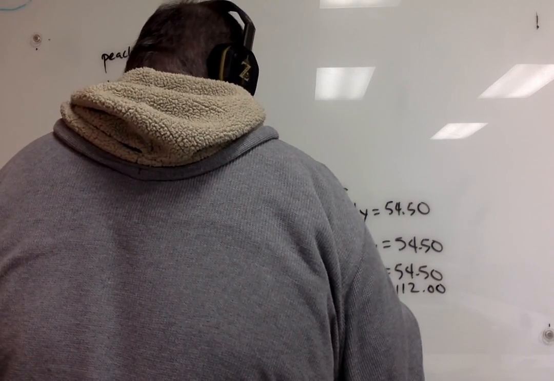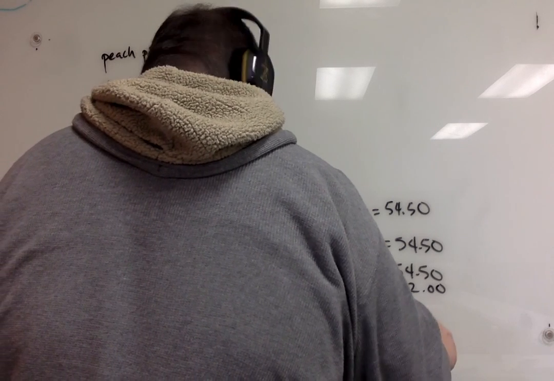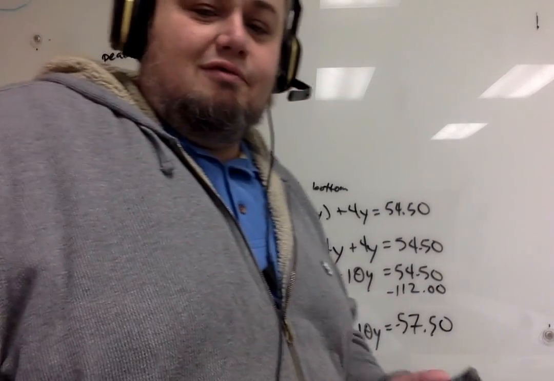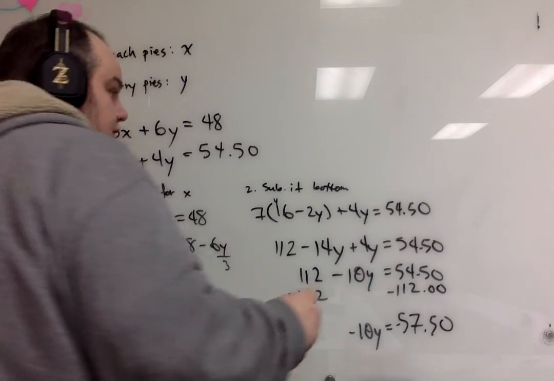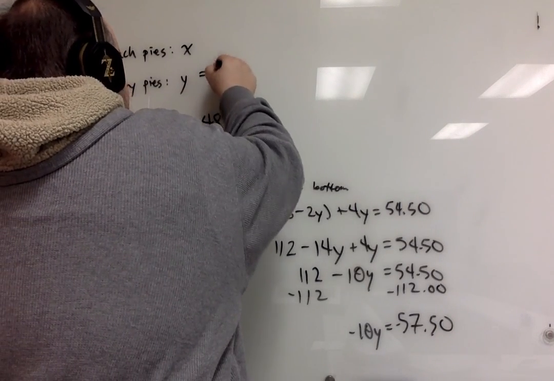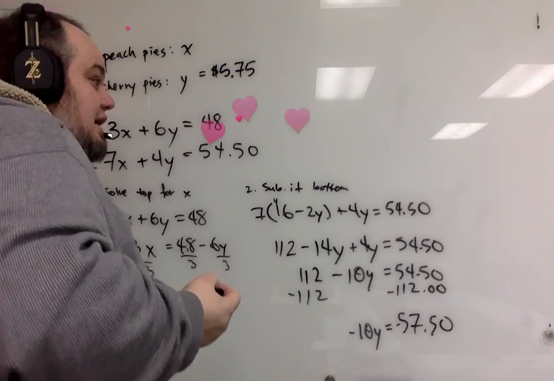We get negative 10y is equal to negative 57.50. So that means when we divide, we end up with 5.75. And remember, that's for y here. So y is equal to 5.75. And that's the cost of a cherry pie.